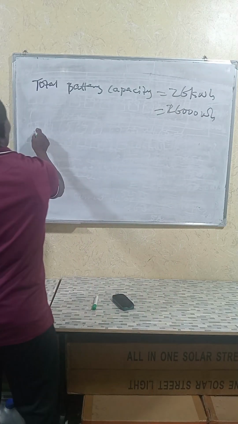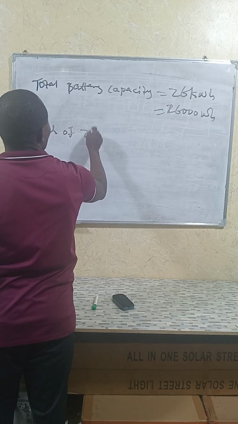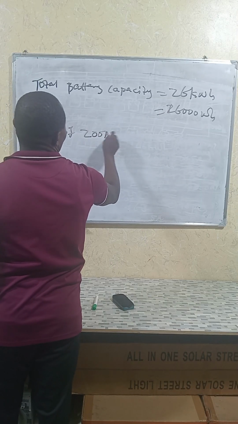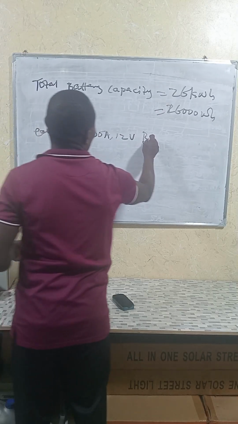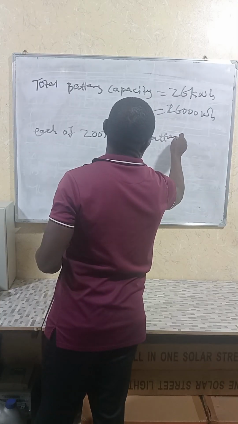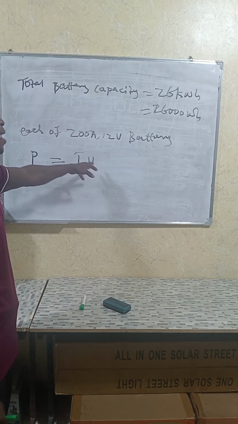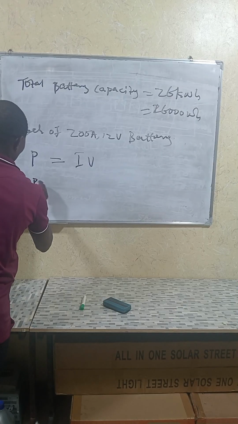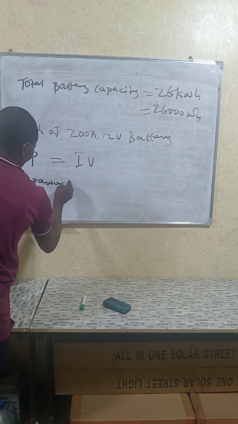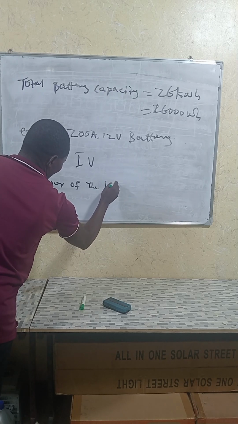Now, each battery is 200 amps, 12 volts. We are using the power formula. The power formula is P equals IV, where P is the power of the battery.